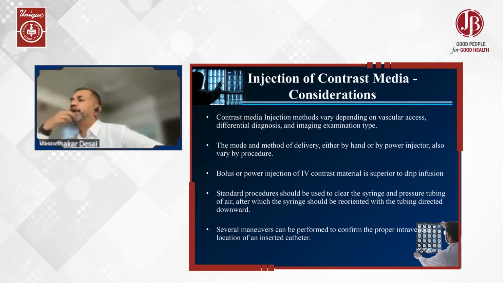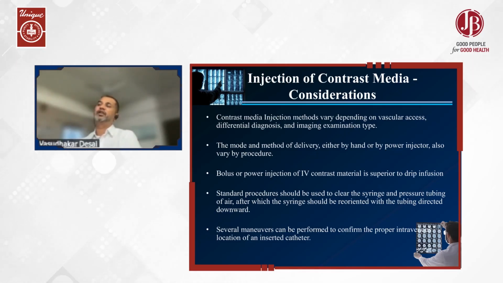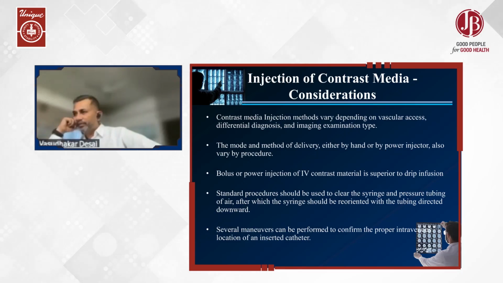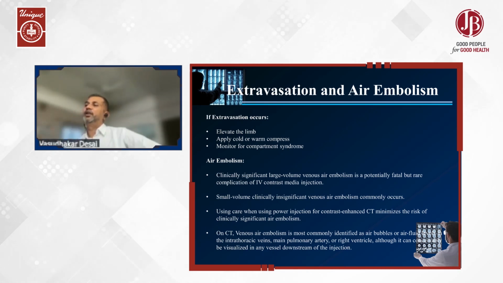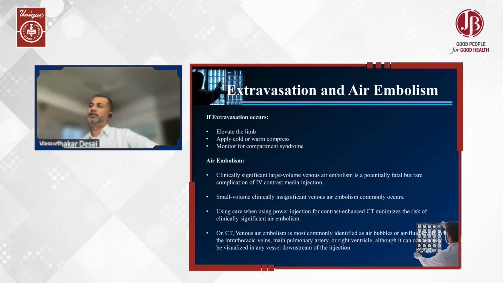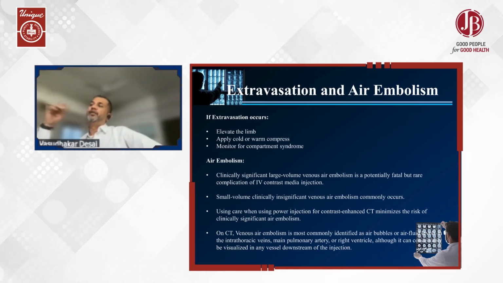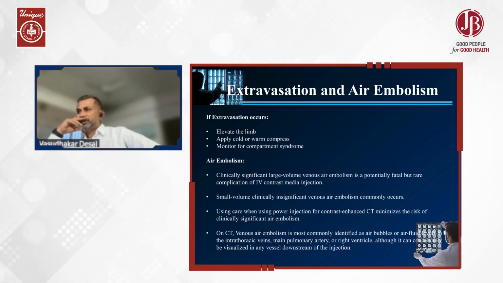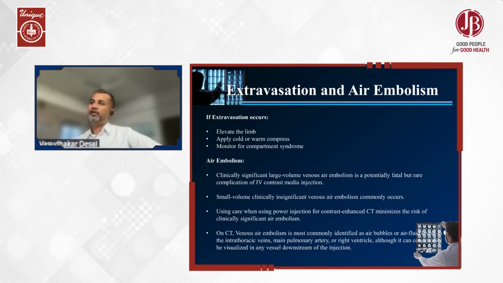The risk can be minimized by using angiocatheters rather than butterfly needles, because angiocatheters have long needles, performing meticulous intravenous catheter insertion techniques, and carefully securing an inserted catheter. Next slide. If extravasation occurs, generally elevate the limb, apply a cold or warm compress, and monitor for compartment syndrome.